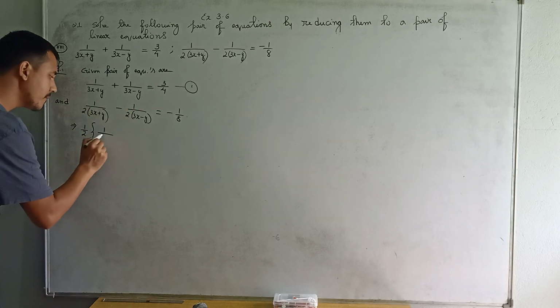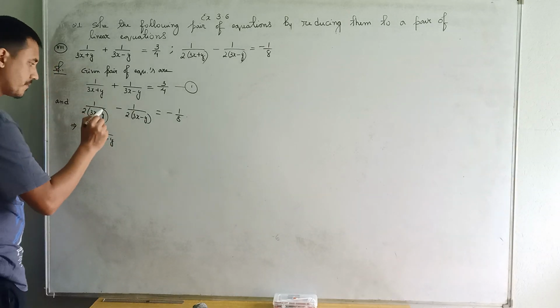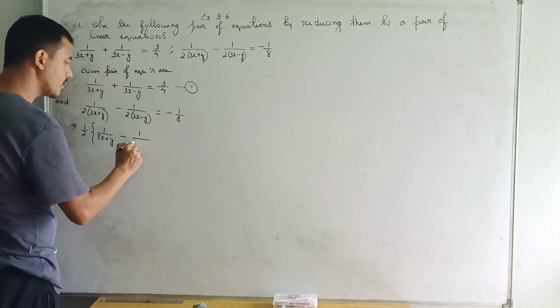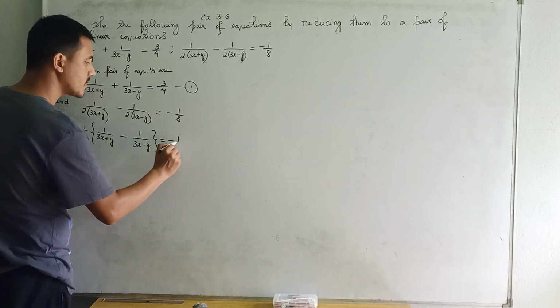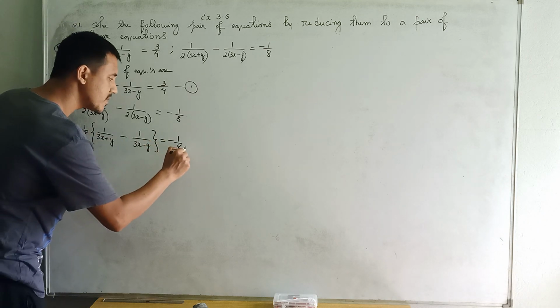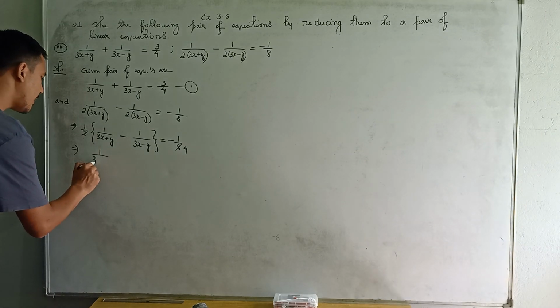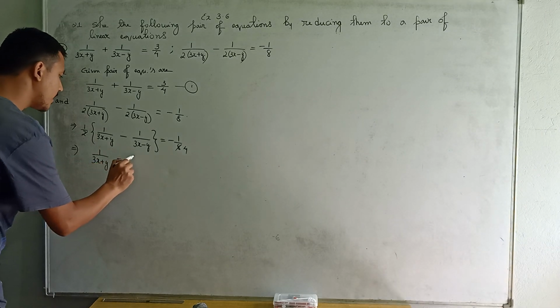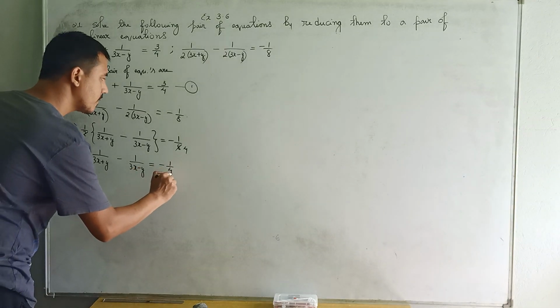Then we have 1 upon 3x plus y minus 1 upon 3x minus y is equal to minus 1 by 8 times 2, since 2 times 4 is 8. So 1 upon 3x plus y minus 1 upon 3x minus y is equal to minus 1 upon 4.